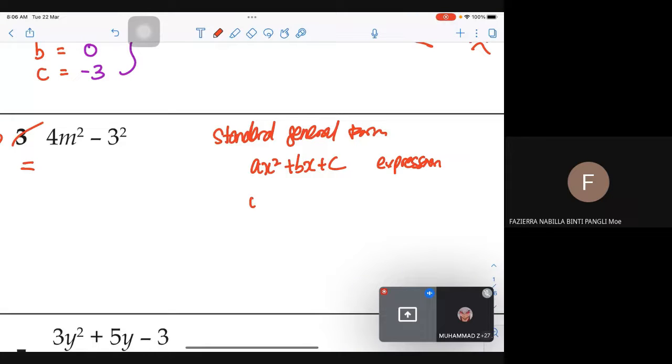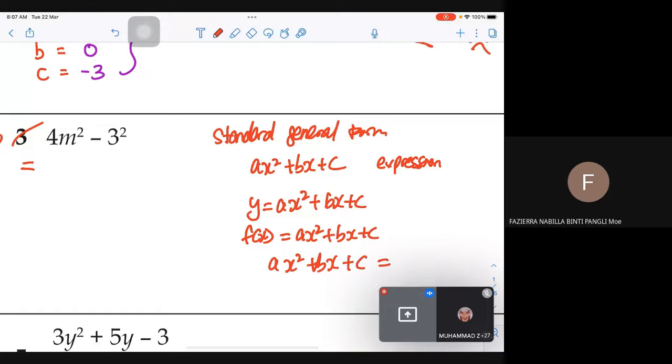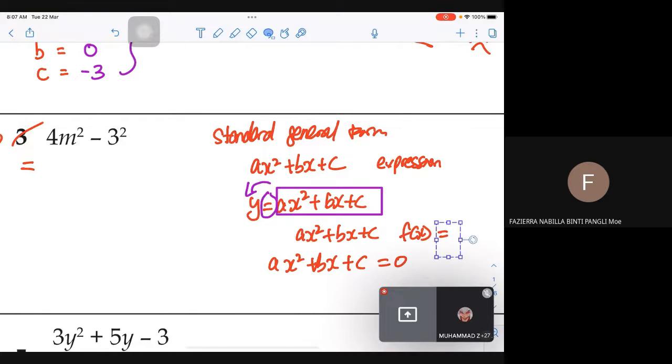If I say y equal to ax squared plus bx plus c, or f(x) equal to ax squared plus bx plus c, or ax squared plus bx plus c equal to 0, you see this is a quadratic equation, with something on the left equal to something on the right.